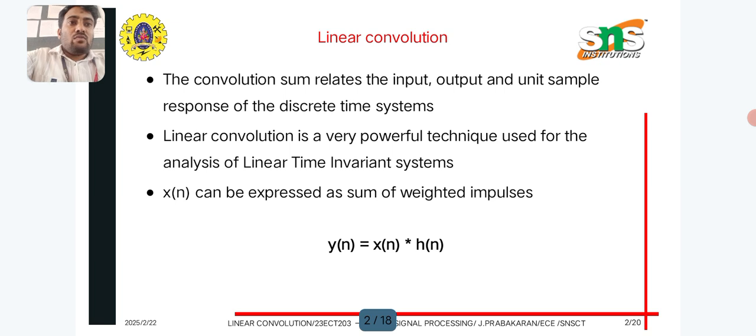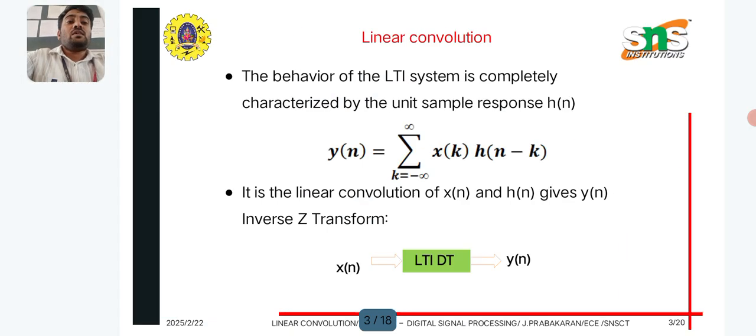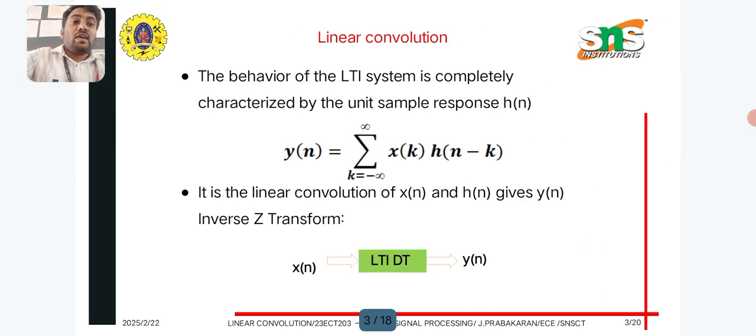The output of the convolution is represented by y of n. To convolve the two sequences is nothing but to multiply the two sequences, which is expressed as y of n equal to x of n convolved with h of n, which means summation, index k equal to minus infinity to plus infinity, x of k and h of n minus k. k is the index of the sequence.